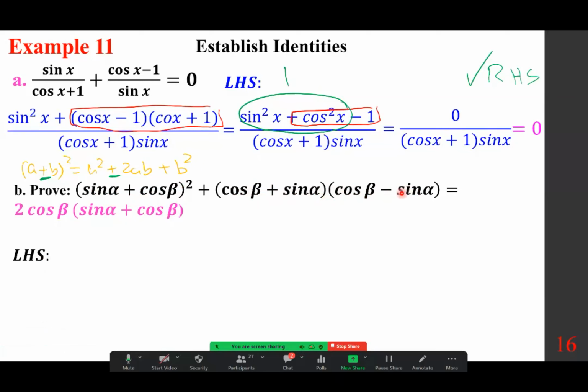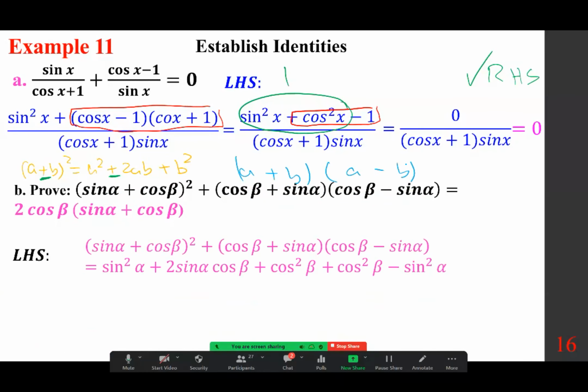So this uses A plus B, A minus B. So this is what we have. You don't have to write the left-hand side. The left-hand side is equal to this.